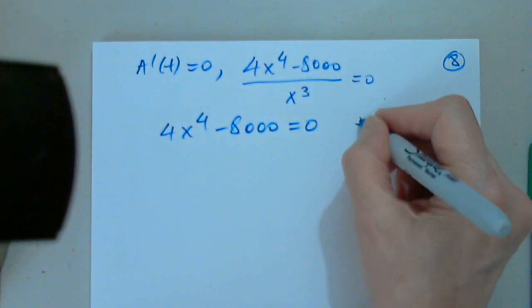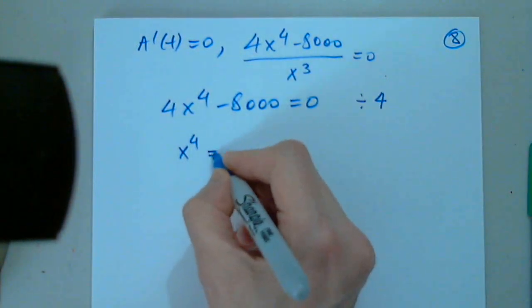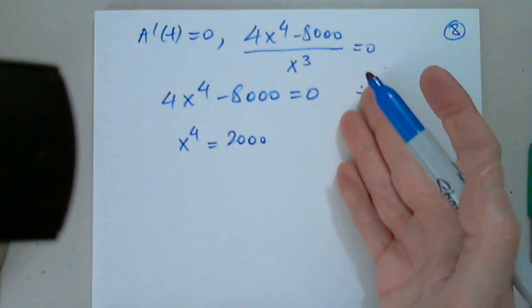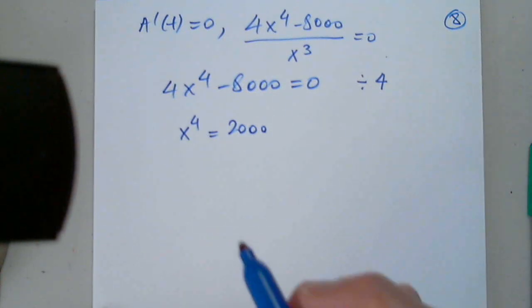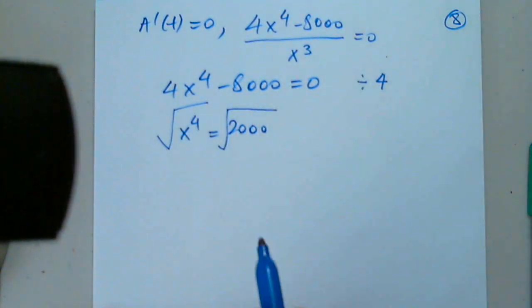Of course, first of all, we should always divide by 4. So we have x to the fourth equals 2,000. I moved this to the other side and also divided by 4. What do I have to apply to both sides in order to find x?